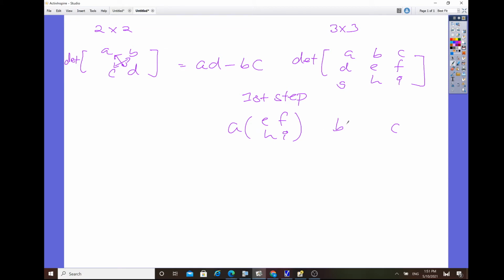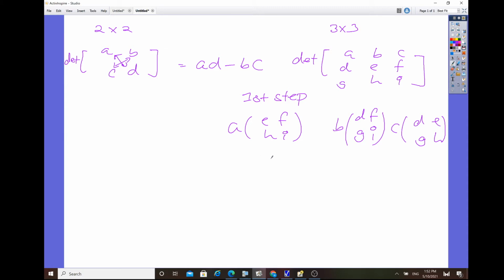For B, the remaining 2 by 2 matrix is D, F, G, and I. For C, the corresponding matrix is D, E, G, and H. What I mean by the corresponding matrix is the minor matrix.